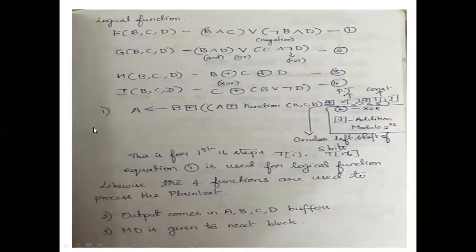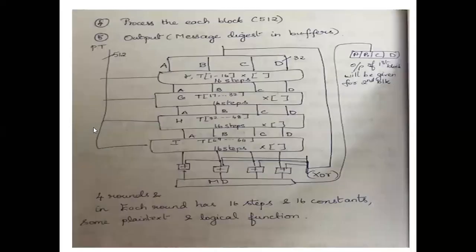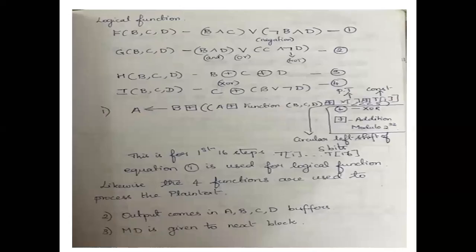So let us see in this diagram every step and what the values are. We will discuss each value in detail now. I told you F, G, H, I are logical functions. They are applied only to the 3 buffers B, C, and D. This is the equation given for each logical function.